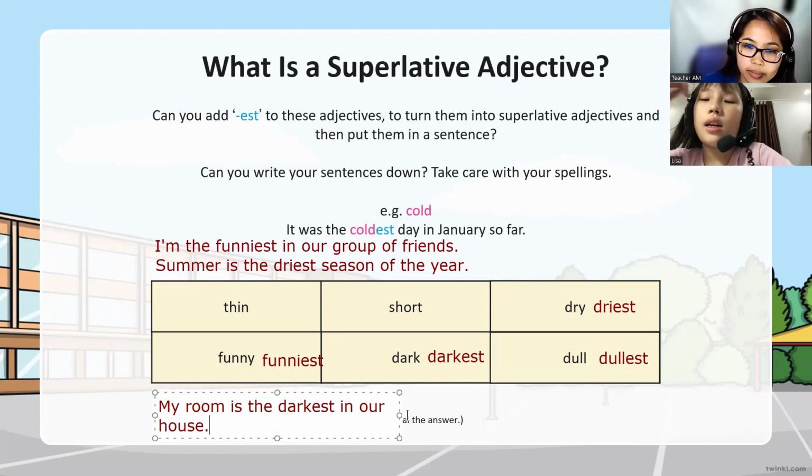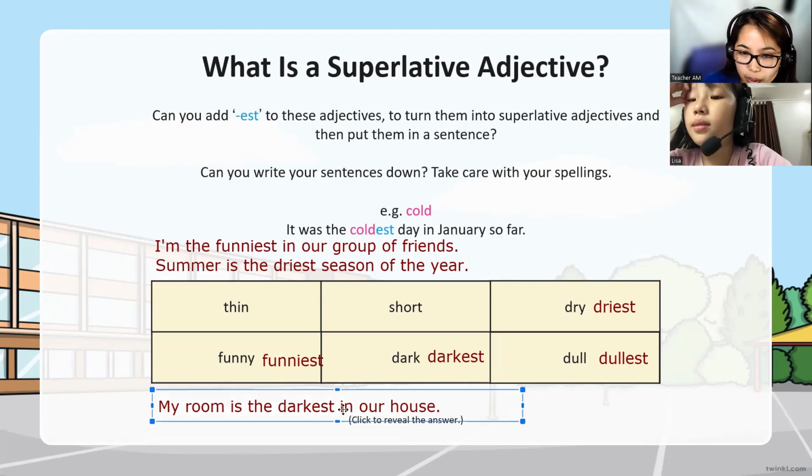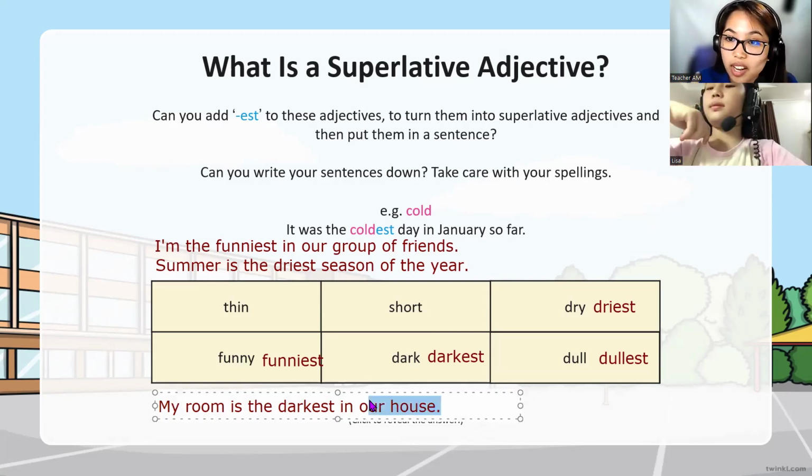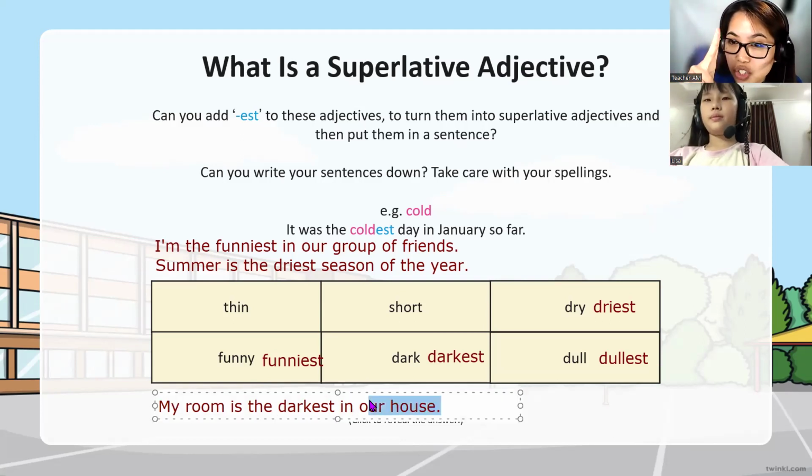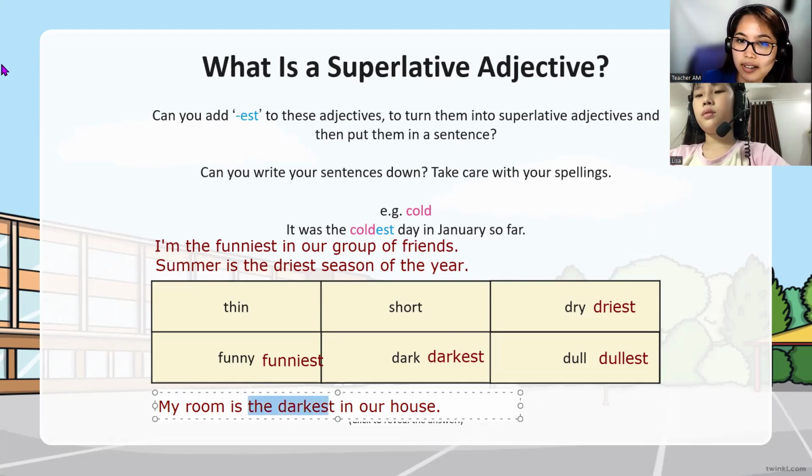In our house. Very good. Because in your house, there are so many rooms: living room, kitchen, bedrooms, bathroom. So you are comparing your one room to the entire rooms in your house. So we can say my room is the darkest in our house.